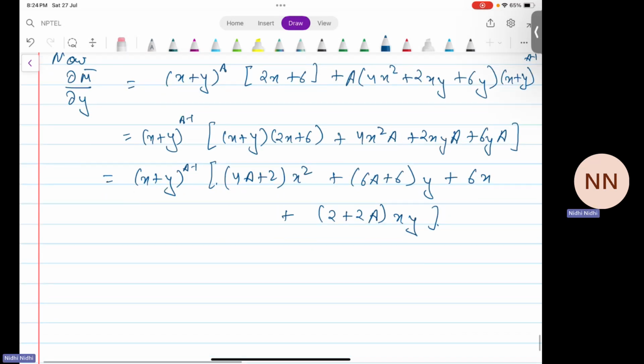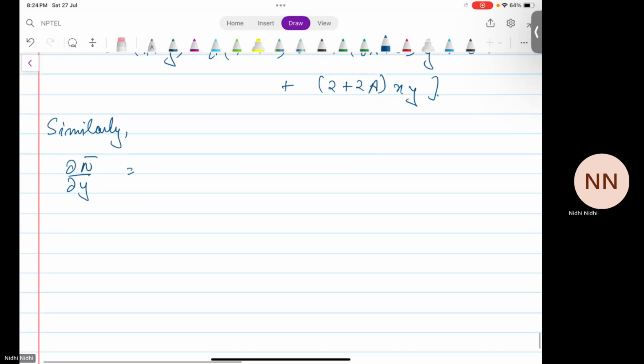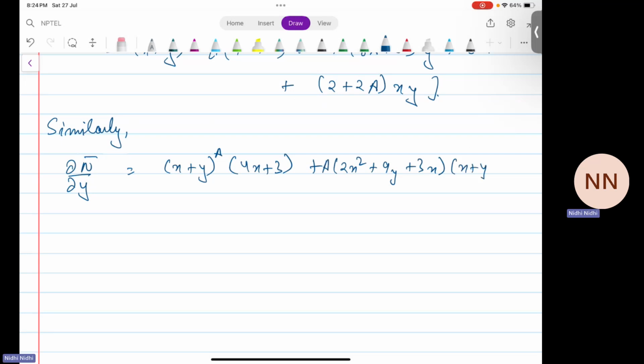And similarly, we have del N by del x is equal to (x plus y) to the power a as it is, 4x plus 3, plus 2x square plus 9y plus 3x as it is, a times (x plus y) to the power a minus 1.